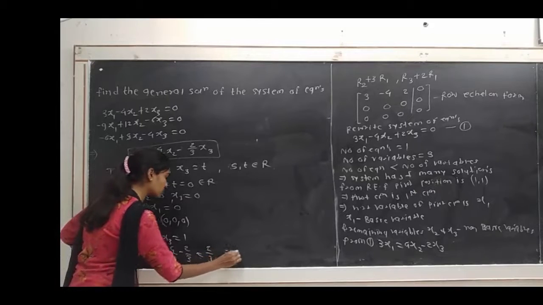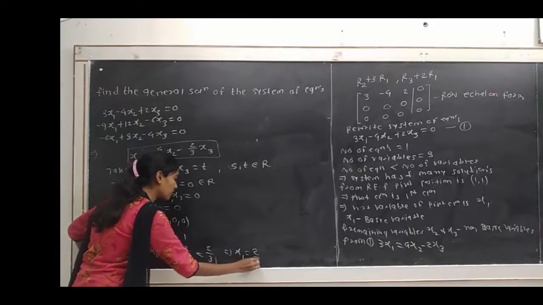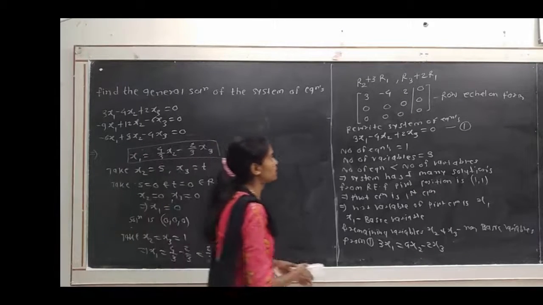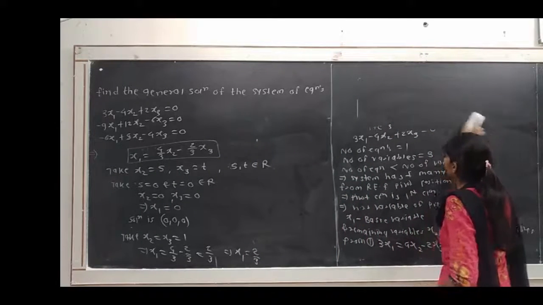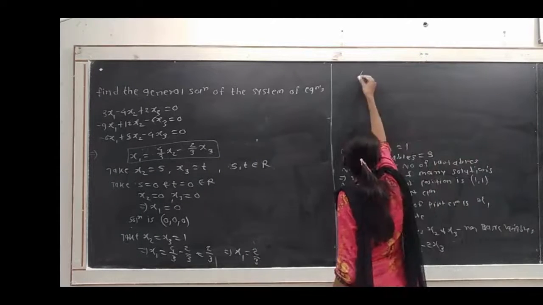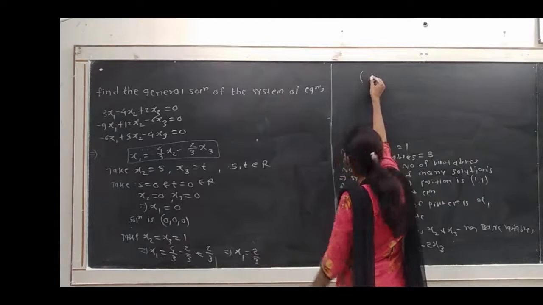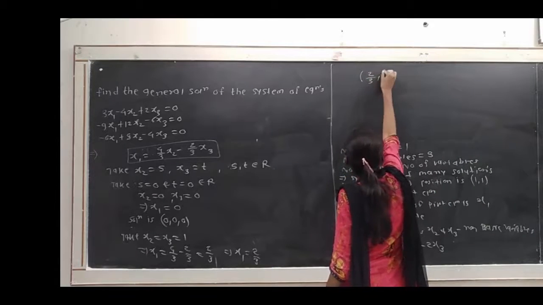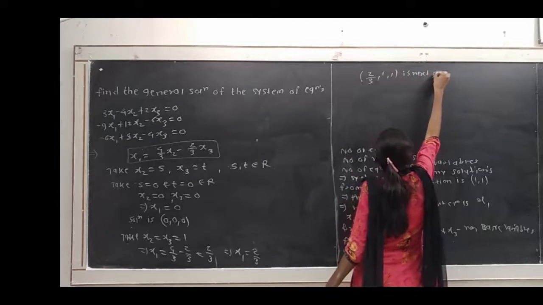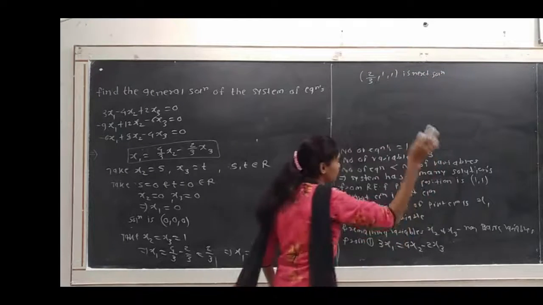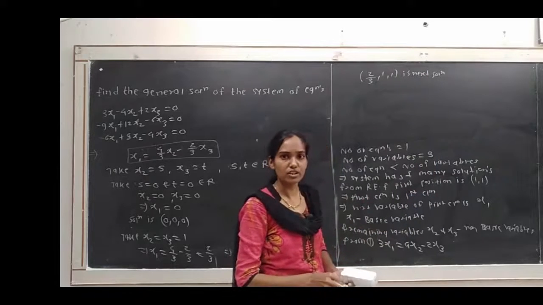So x1 is equal to 2 divided by 3. The next solution for the given system is (2/3, 1, 1). In this way we get infinitely many solutions.